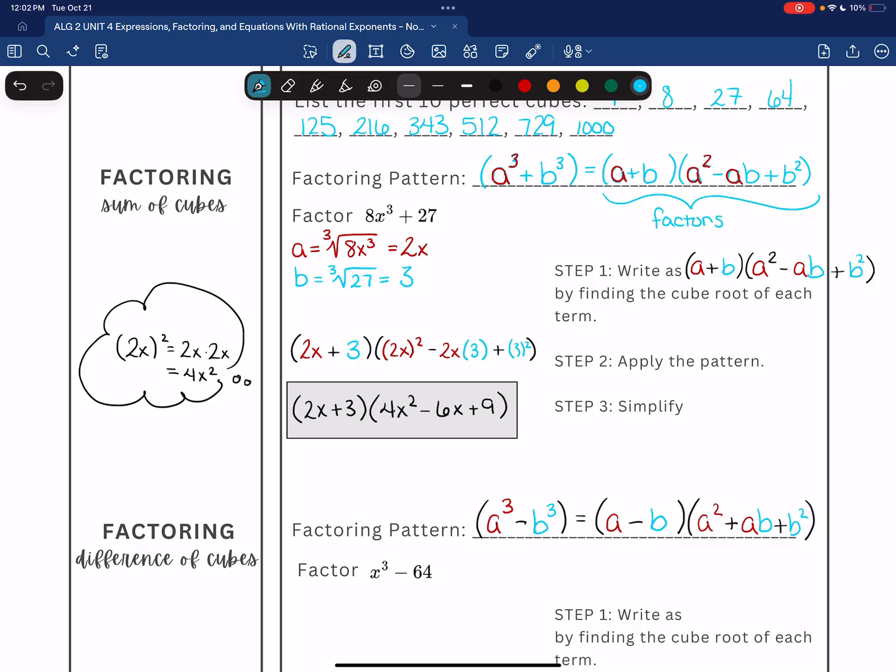So the pattern is almost the same, but the signs are a little bit different when you are adding or subtracting your cubes. So be aware of that.